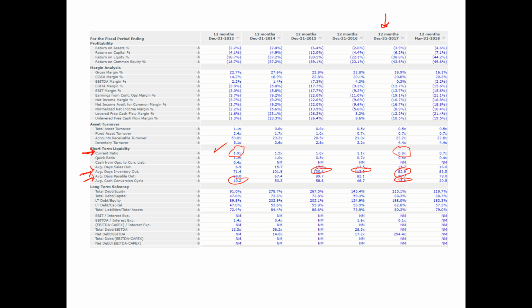So we would look at all these, and we'd look at the trends. We'd rank the ratios that we think are most important. We can look at trends in profitability, trends in how they're managing their assets, short-term liquidity, long-term solvency, and we would compare it against a peer group.